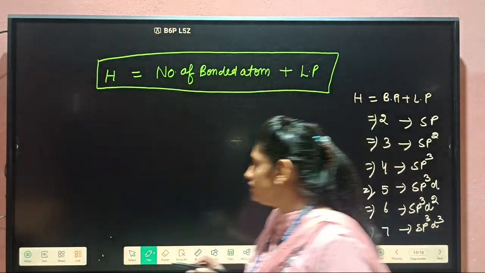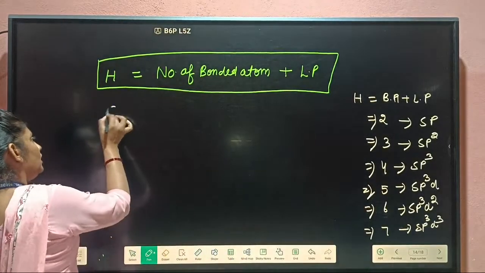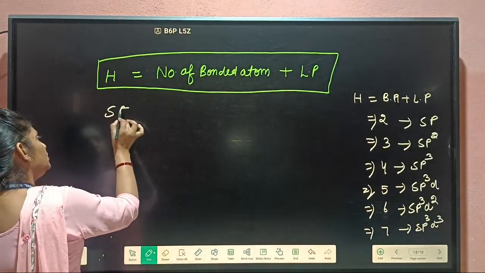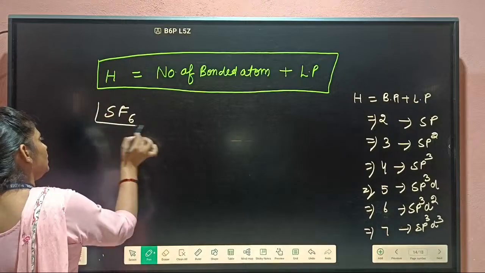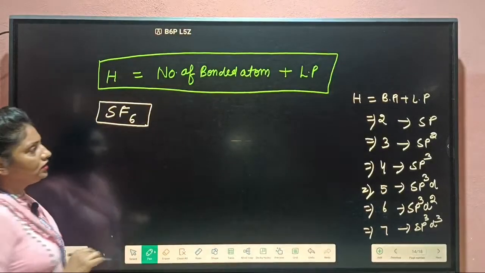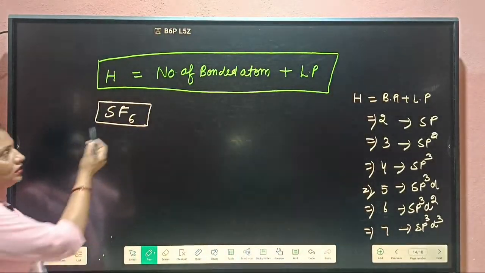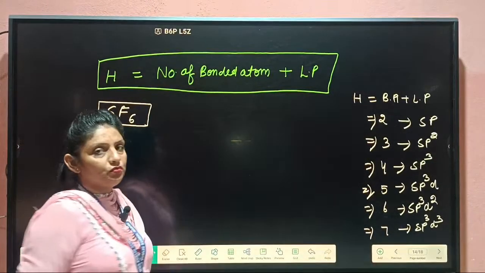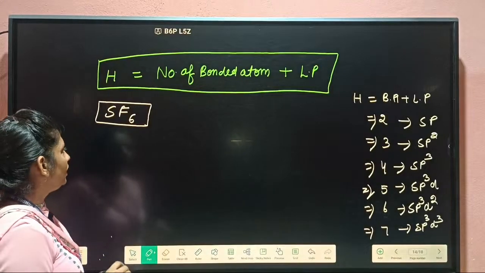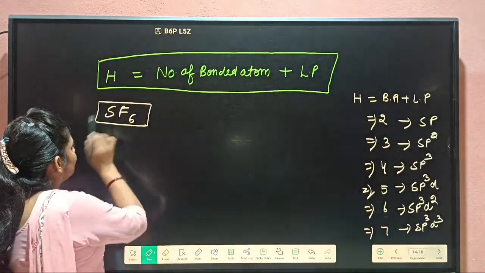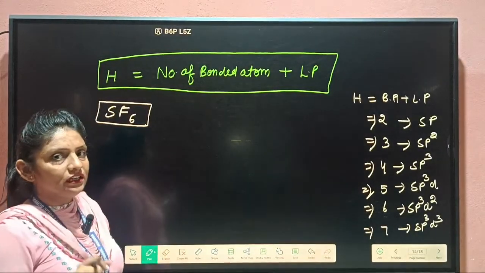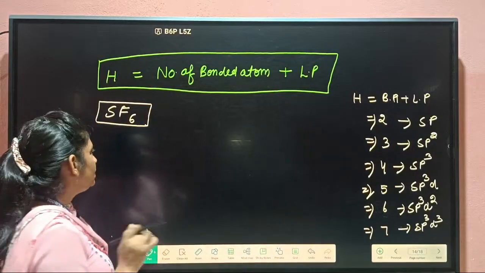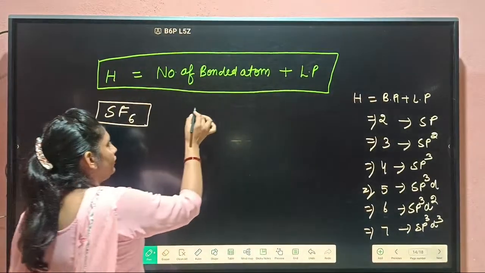Like, students, you have calculated hybridization for SF6. Now we will tell the hybridization of SF6 by this simple trick. Now students, first of all, you will see the central element. Here the central element is sulfur.